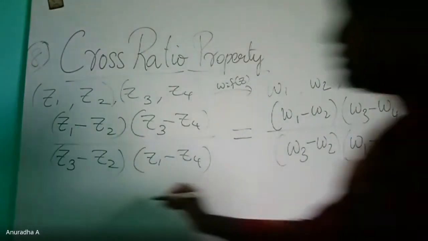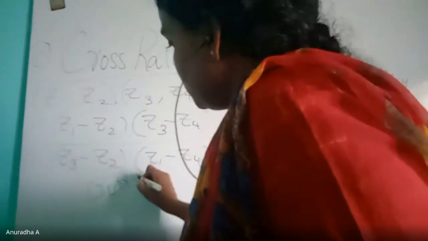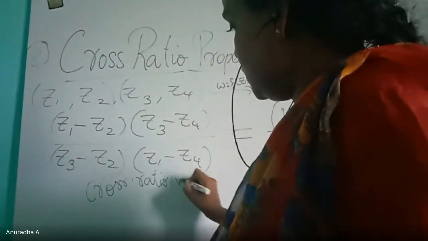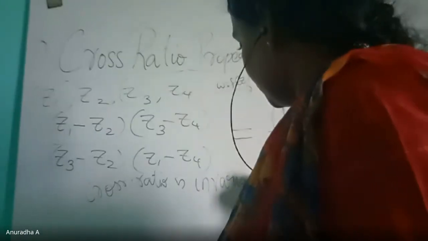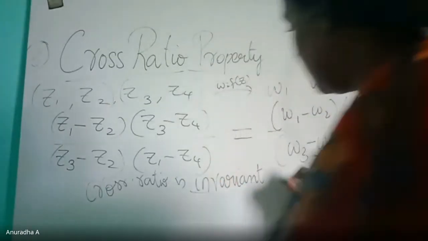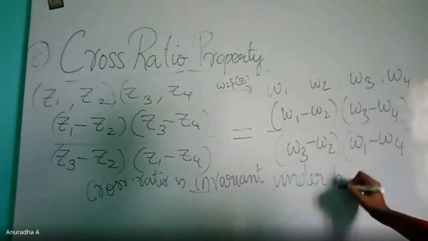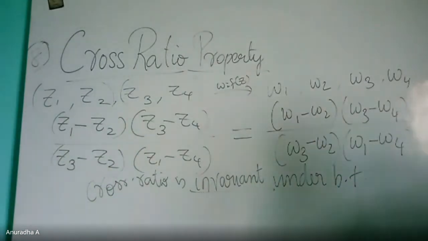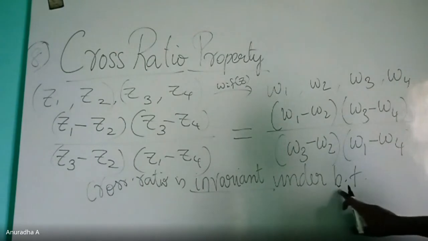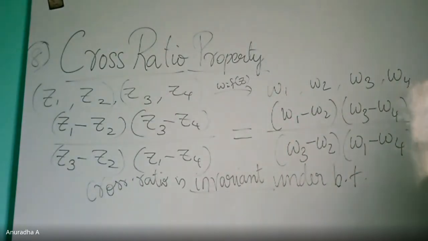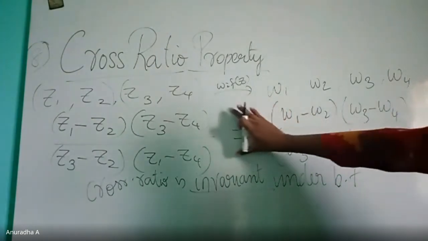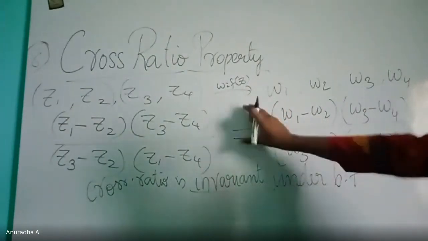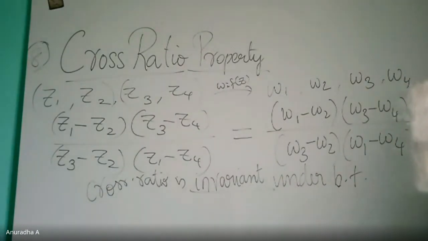We will write it as: cross ratio is invariant, that means it's not changing, under bilinear transformation, or Mobius transformation, or linear fractional transformation. They will ask the MCQ with either of these as the options. Both mean the same. They will ask like this using the property.